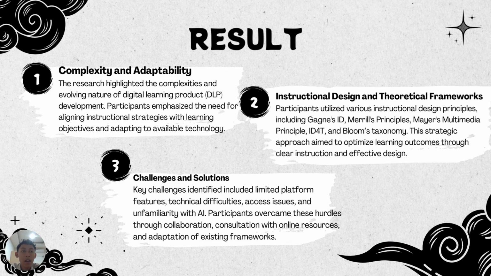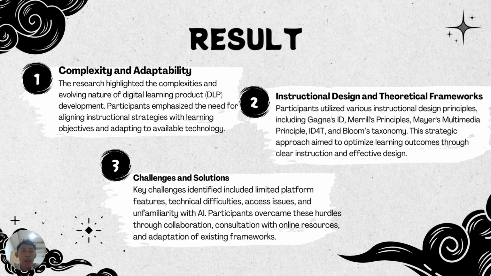And here is the result. I have some results about what students perceive about what kind of instructional strategies are used to develop digital learning product. Many students said that developing digital learning product involves complexity and adaptability.